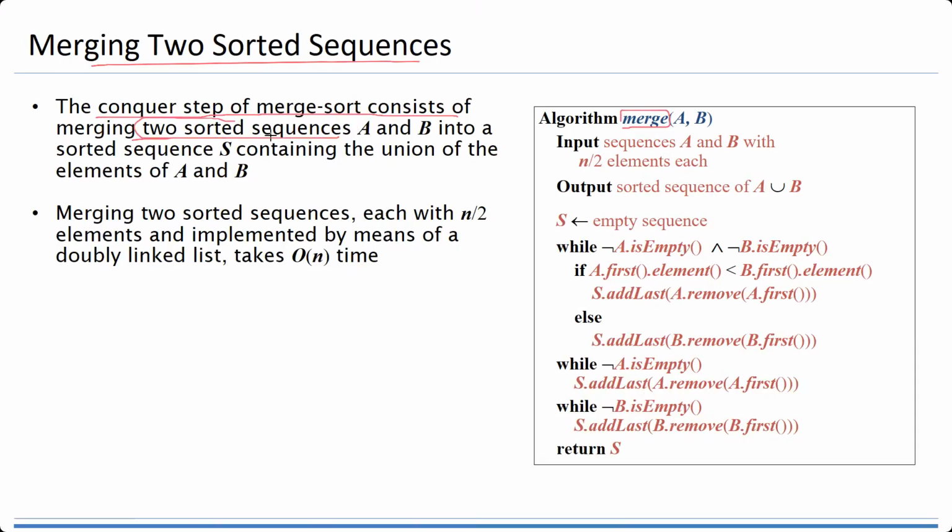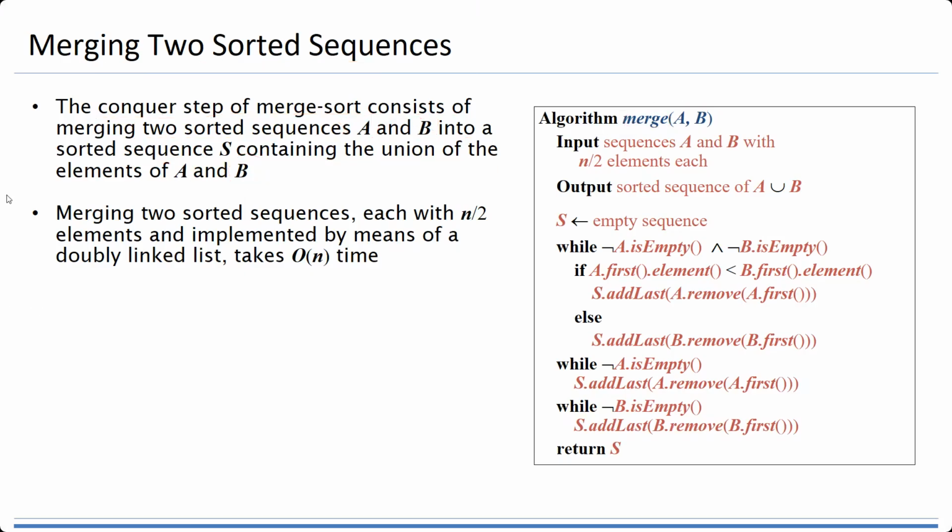Okay. So the sequences A and B have been sorted, and we are going to put them into a sorted sequence S containing the union of the elements of A and B. So we are going to merge A and B.